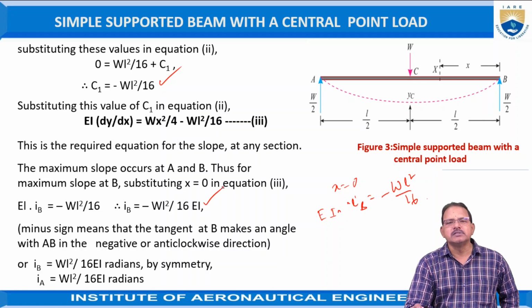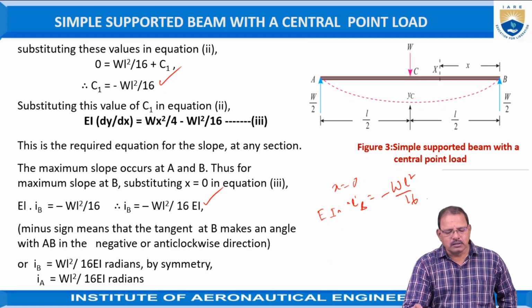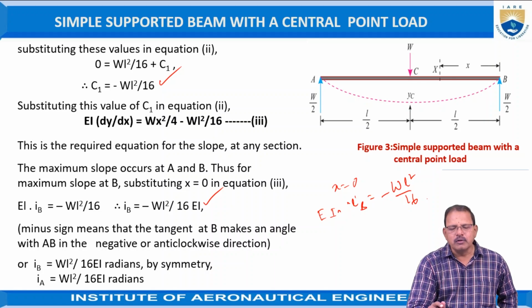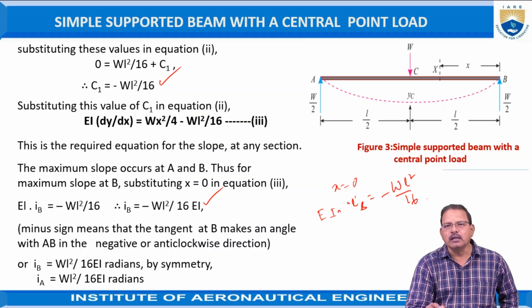The minus sign here represents that the tangent at B makes an angle of WL square by 16 EI in negative or anti-clockwise direction now.